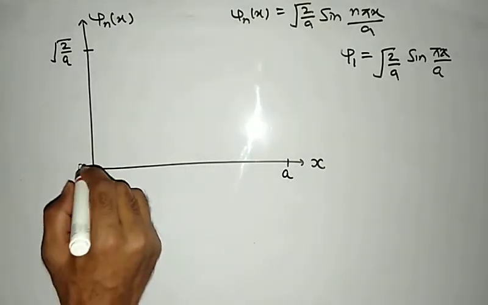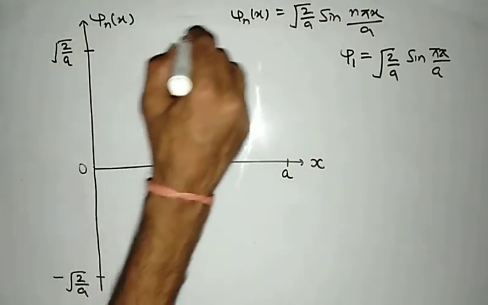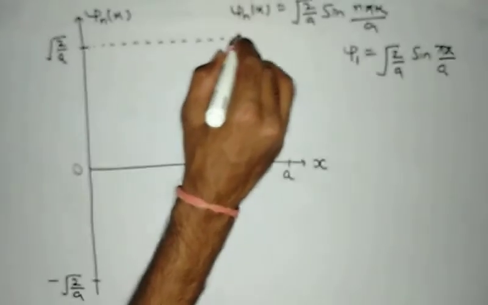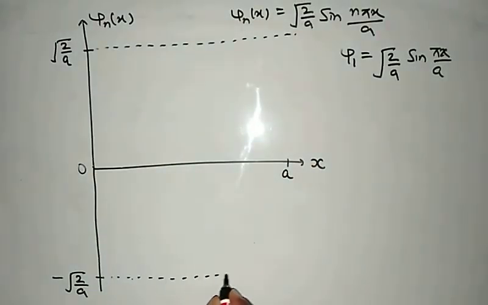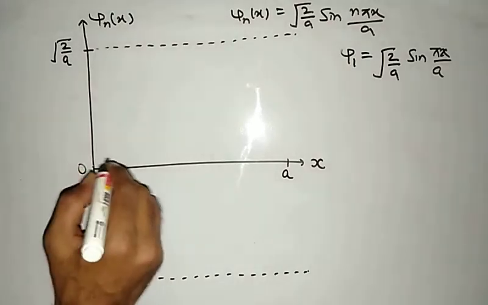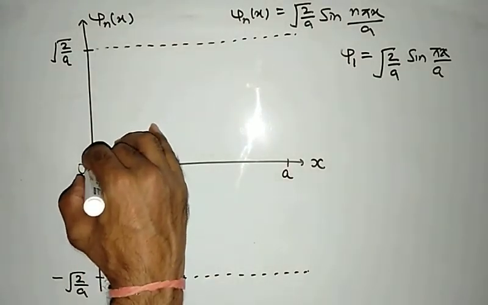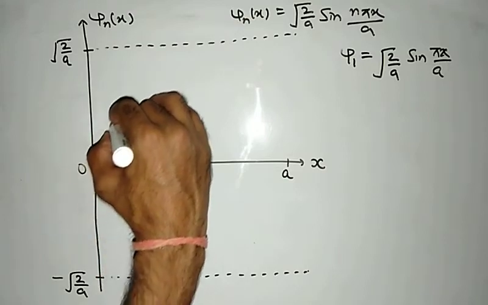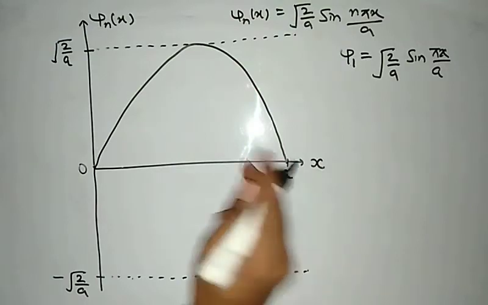So this will look like this, joining like this, forming a line for the magnitudes. This is for psi 1.